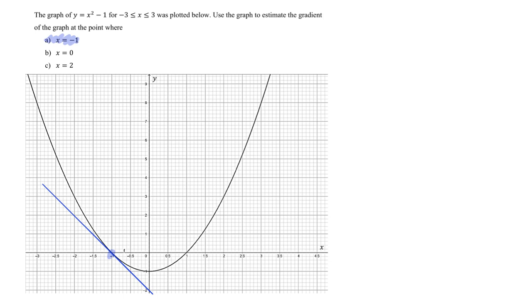I will first draw a line that just touches this particular point where x equals -1. Step 2, find 2 points, any 2 points. I repeat, any 2 points on this blue tangent line that I have drawn. I'm going to use this point since it is pretty easy to calculate.